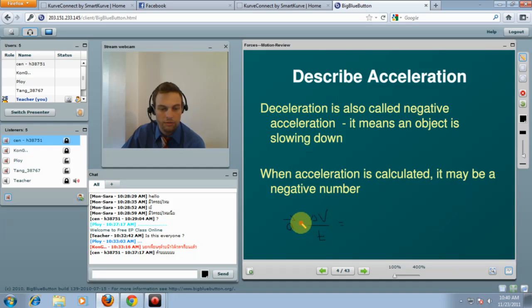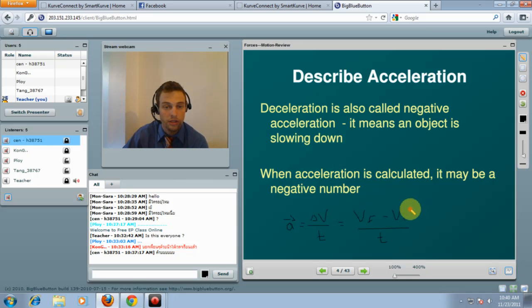Change in velocity is your final velocity, which we write as vf, minus vi, the initial velocity, over time. If something is slowing down, its final velocity, let's say, is 0.